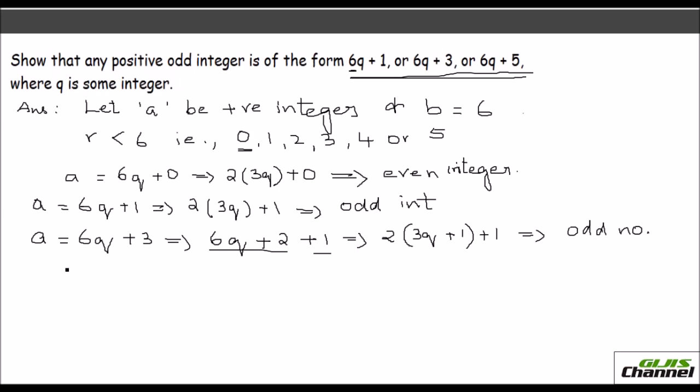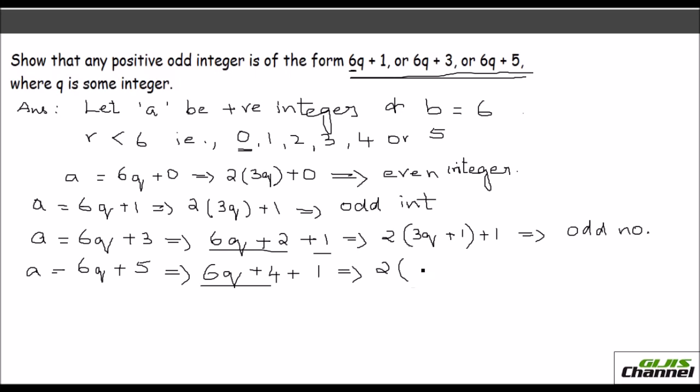Now, the next one they want us to prove is 6q plus 5. So it is just the same. Just do the same. Try to split the 5 as 4 plus 1. Okay. So what happens here? It is 6q plus 4 plus 1. Now out of this I take the 2 out because I have to show that that is an even number.